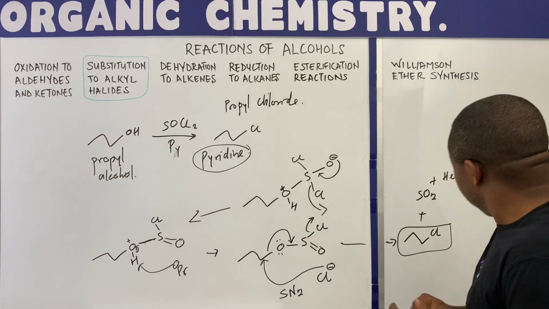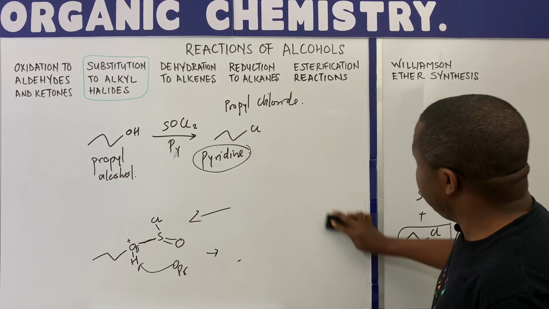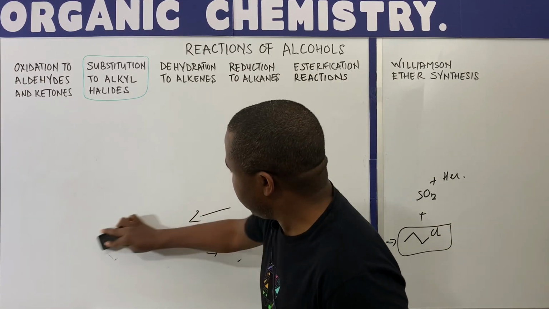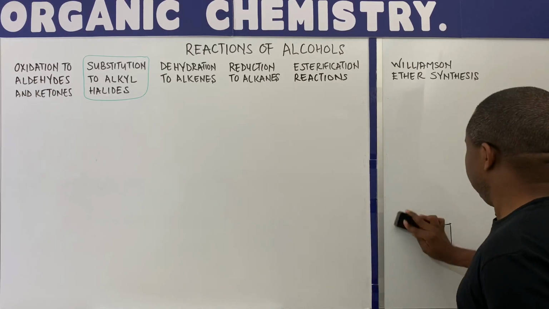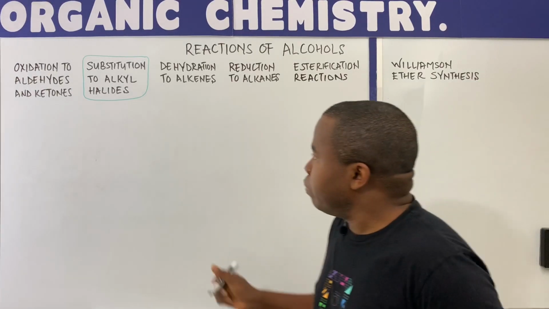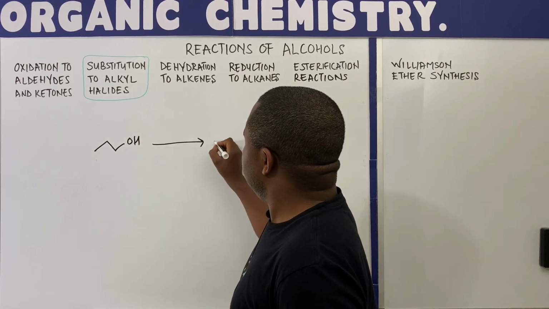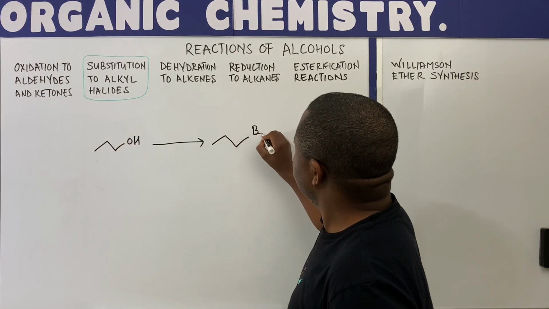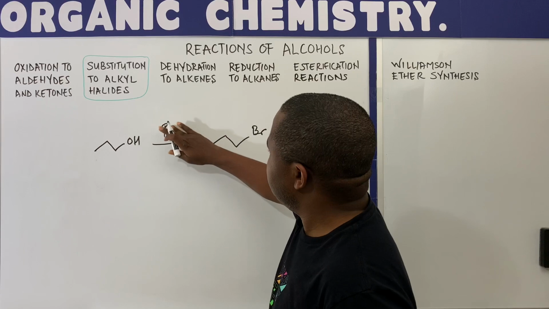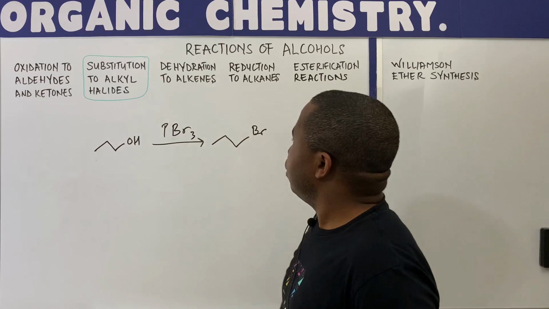So the last example I'm going to look at in the conversion of alcohol to alkyl halide is the example that is going to utilize phosphorus tribromide. So let's say we have this, we want to convert it to this. We can throw in phosphorus tribromide, and we'll get this.